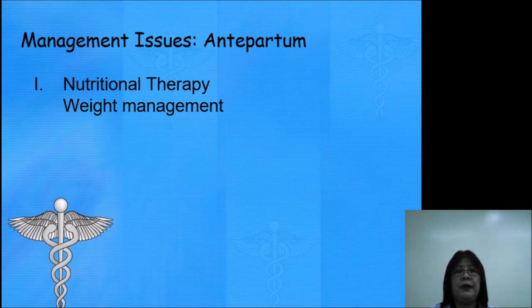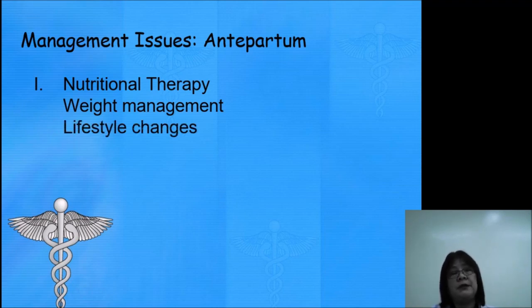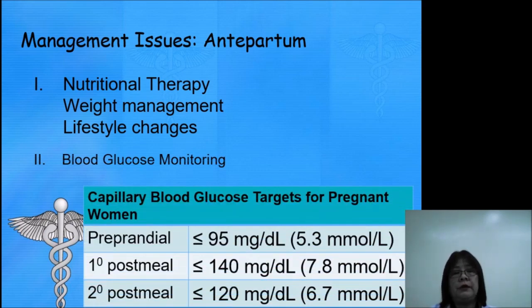Antepartum, so during pregnancy, you have to advise proper nutrition, weight management, and lifestyle changes. So, avoid alcohol, avoid smoking, and then you monitor the blood glucose. And the target will be the same, no?